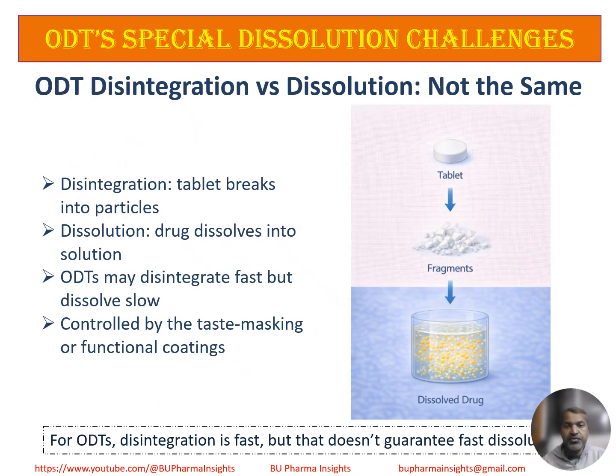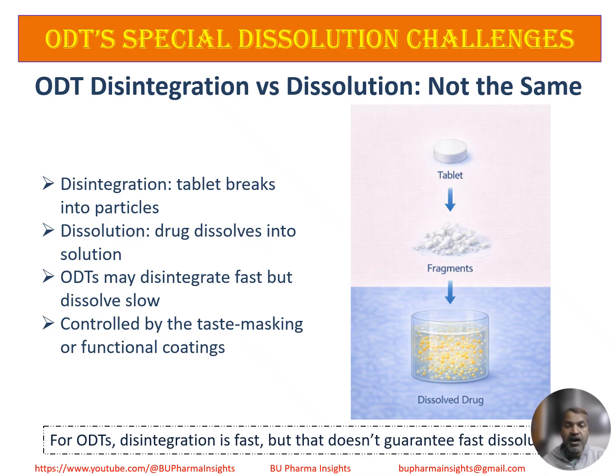Many people confuse disintegration and dissolution, but they are not the same. Disintegration means the tablet breaks into small particles, and dissolution means the drug actually dissolves in solution. For ODTs, they may disintegrate very fast, but dissolve slowly because of taste masking coatings.